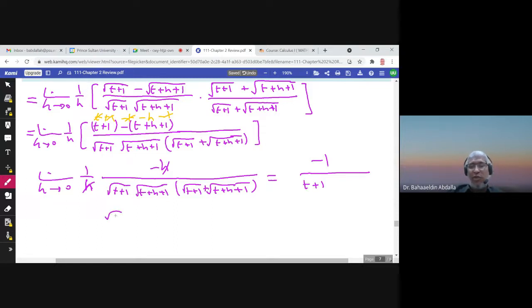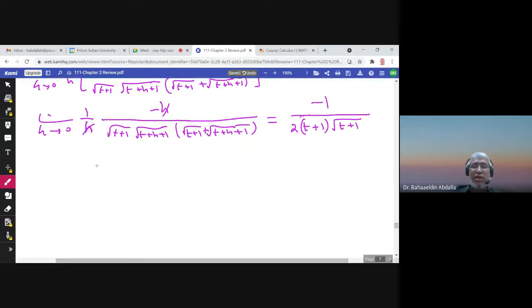Square root of x times square root of x is just x. And the second term, here it has an h. h would be 0. So it's the square root of t plus 1 plus the square root of t plus 1. This would be 2 times the square root of t plus 1. So this would be the answer.